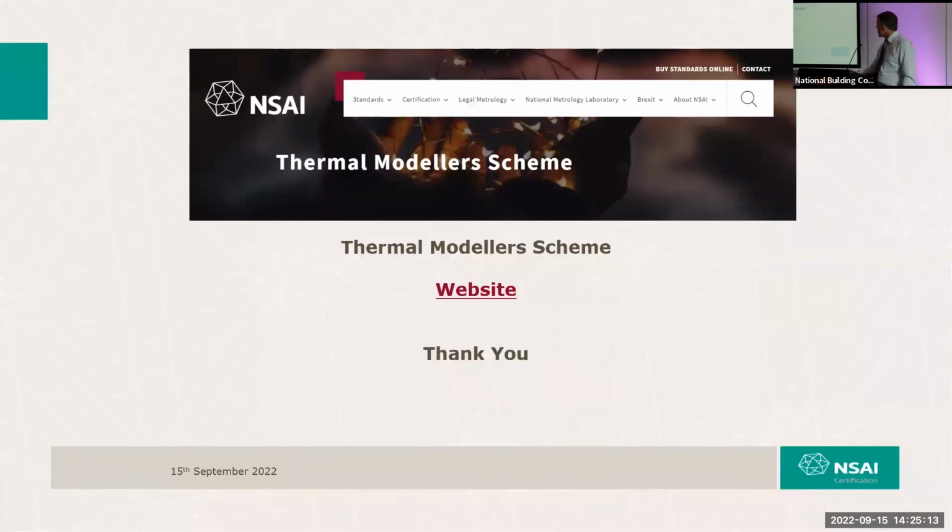As I say, we have a thermal modeling registration scheme that we operate. It's about 20 guys. Some of them are industry representatives and won't offer that service, but there are enough there to provide that service.